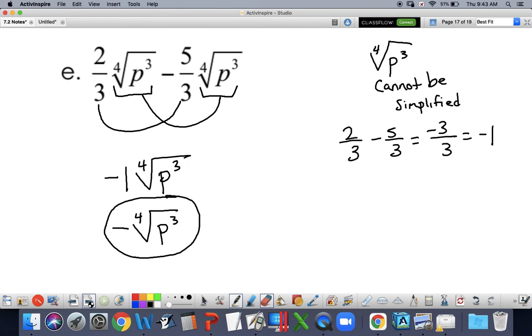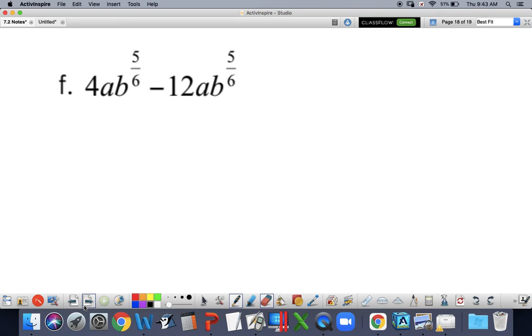All right, our final example for this lecture is we have the exact same thing here. We have exactly the same radical, which is the b portion, and then I have like terms. I can add and subtract a's together because they are like terms. And if you want to rewrite this problem as a radical, go right ahead, right?